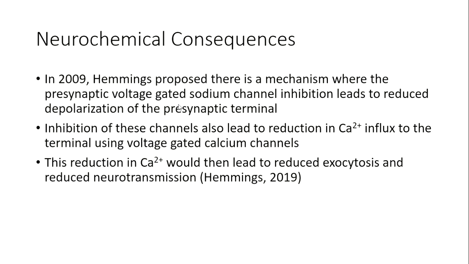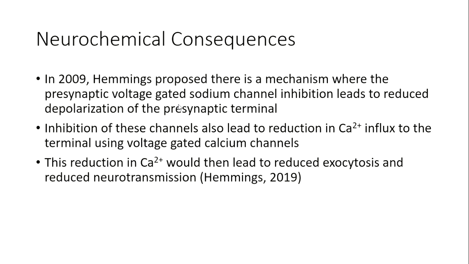Now that we know about the potential correlation between ethers and voltage-gated sodium channels, we can answer the question of what neurochemical consequences there might be when these channels are inhibited by halogenated ethers. In 2009, Hemmings proposed a mechanism where presynaptic voltage-gated sodium channel inhibition would lead to reduced depolarization of the presynaptic terminal.